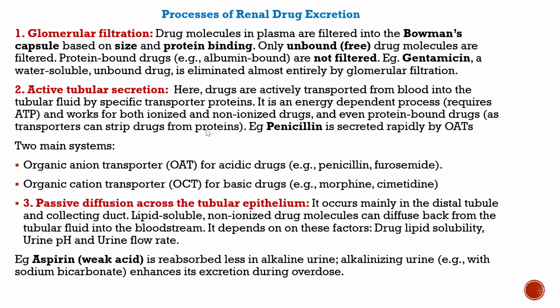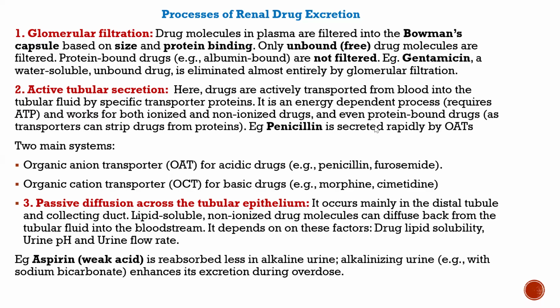Just like the active transport I explained, it requires a specific transporter and energy in the form of ATP. So those that are protein-bound get filtered here because the transporters strip the drug from the bound protein and it is then filtered away.